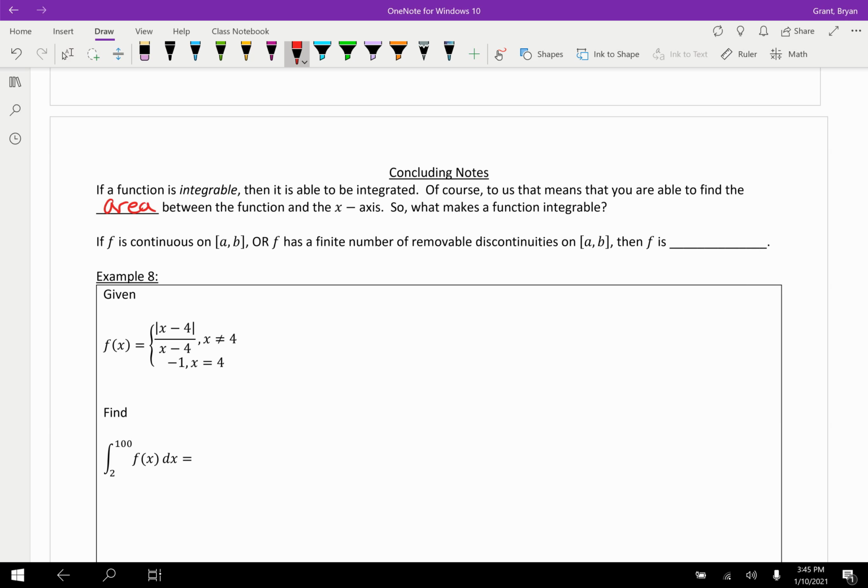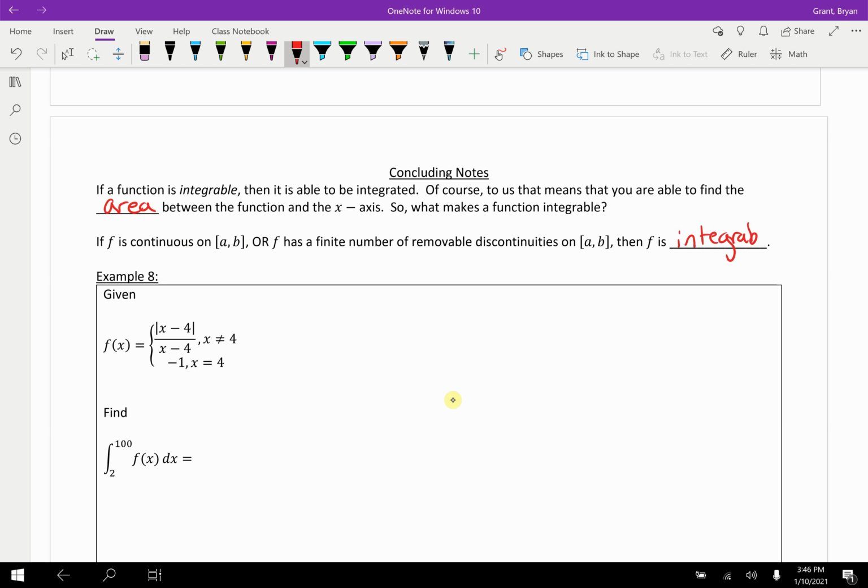It's nothing you'll need to regurgitate on the AP exam. But in order for a function to be integrable, f must be continuous on a to b, right? There shouldn't be any gaps. However, if f has a finite number, finite meaning you can count the number of removable discontinuities on a to b, then f is integrable.